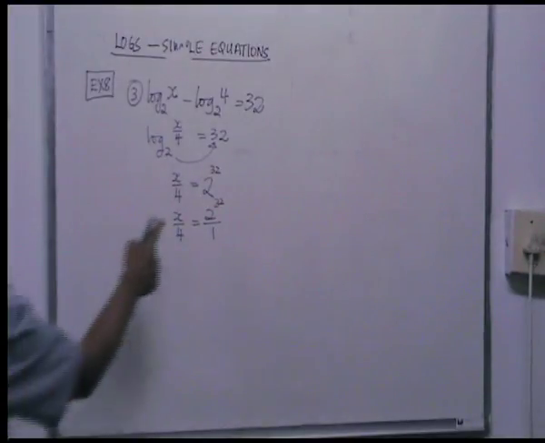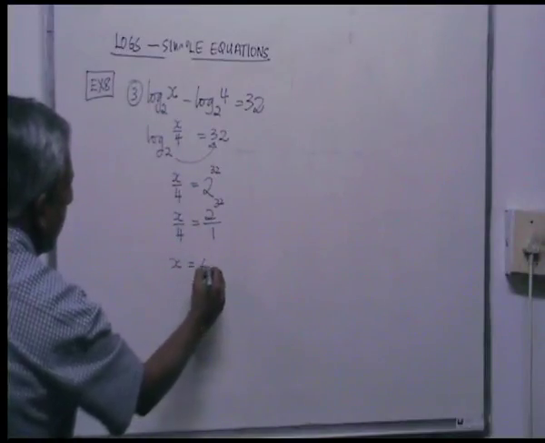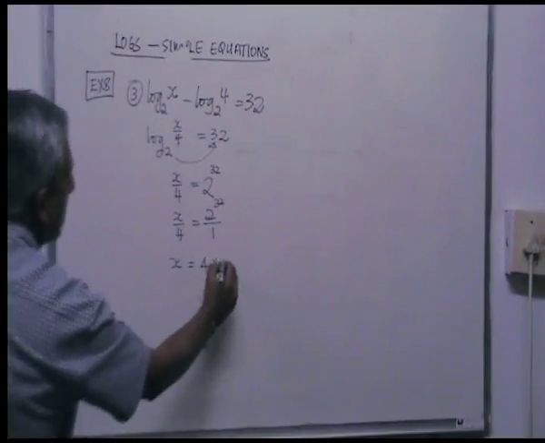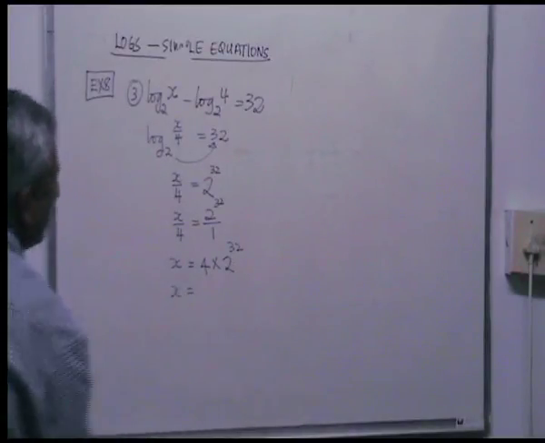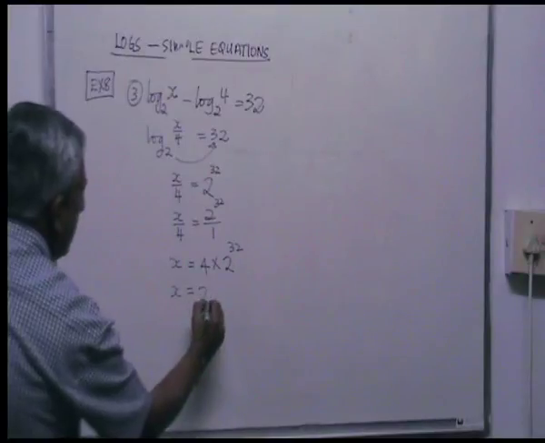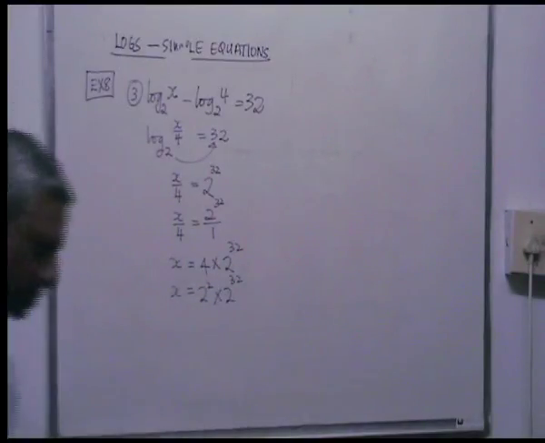And then I can now cross multiply. X times 1, x is equal to 4 times 2 to the 32. X is equal to, now that 4 is really 2 squared, times 2 to the 32.